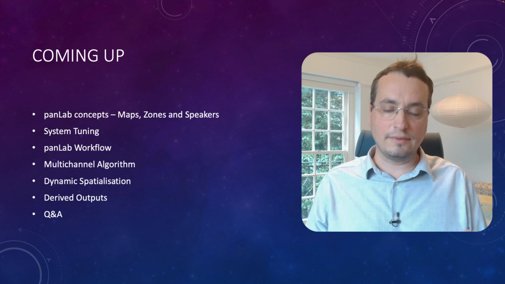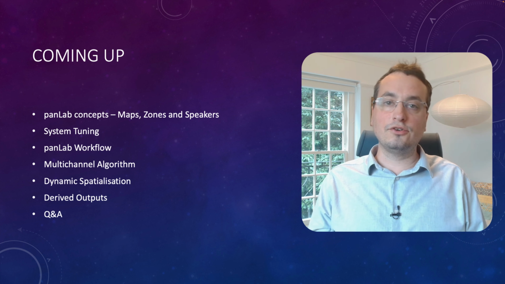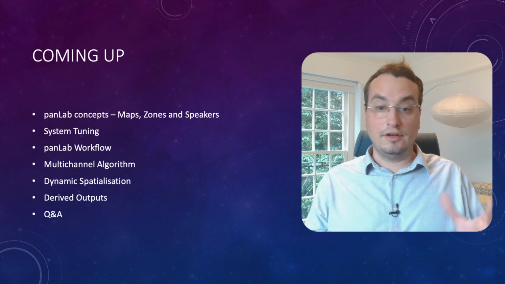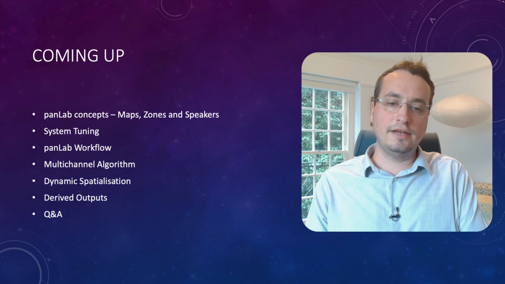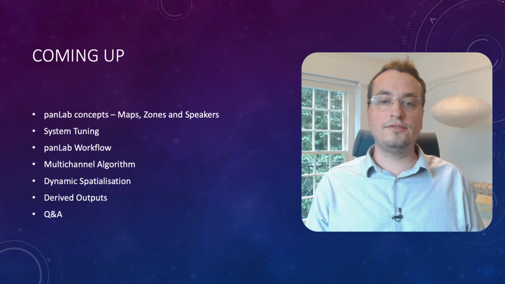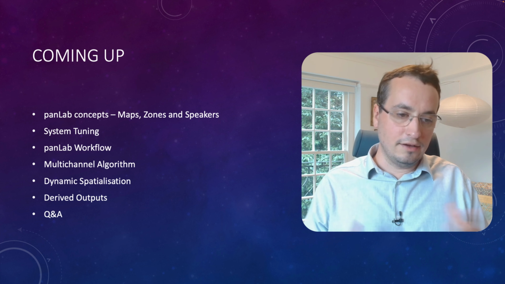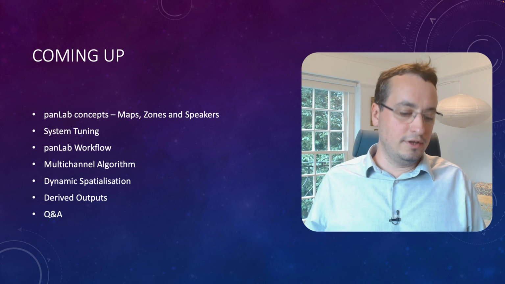Derived outputs, which are essentially spatialized auxiliary sends, post-fade auxiliary sends that are spatialized, which we'll talk about a little later. That's how you might deal with subwoofers, for example, or potentially stereo down mixes of your surround sound mix. And then we'll end with a question and answer session.